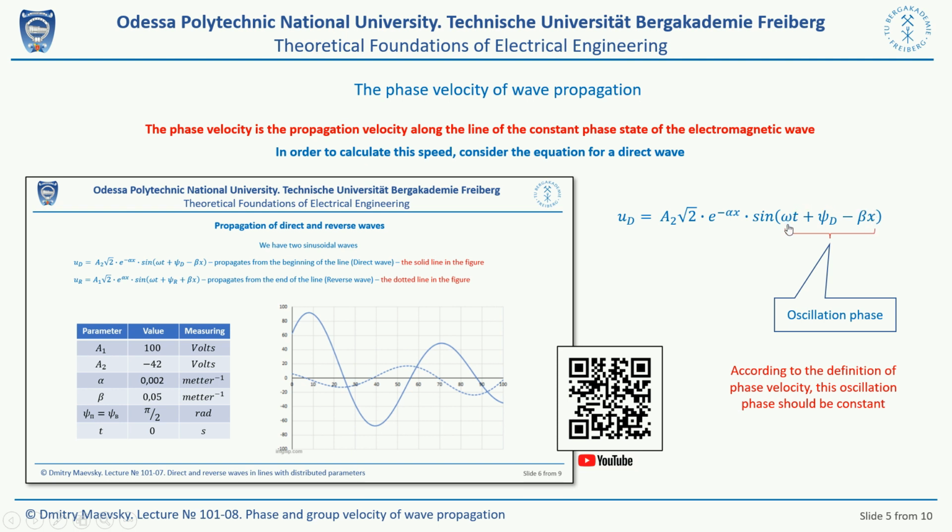That is, the product of omega by time t, the initial phase of the direct wave, and the product of the phase factor beta by the distance x. A constant phase of the wave corresponds to a certain constant value of the sinusoid.